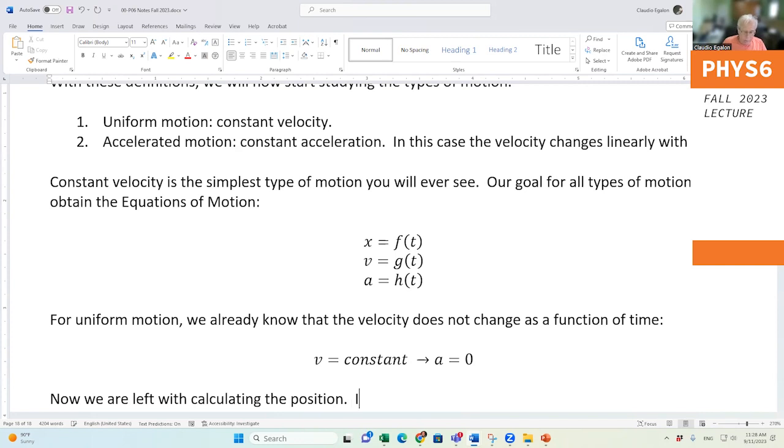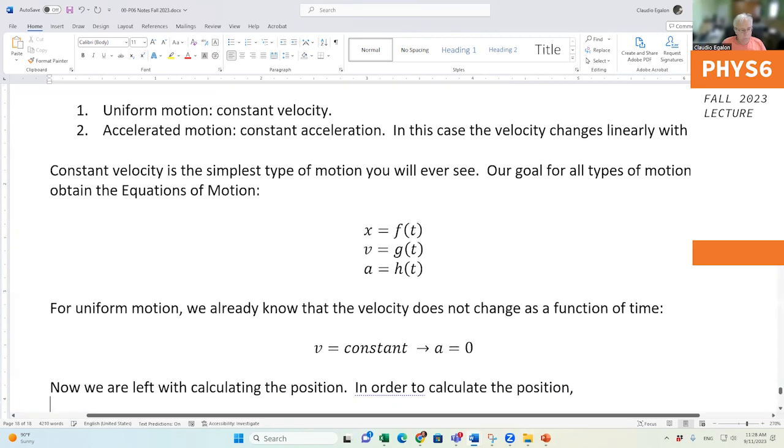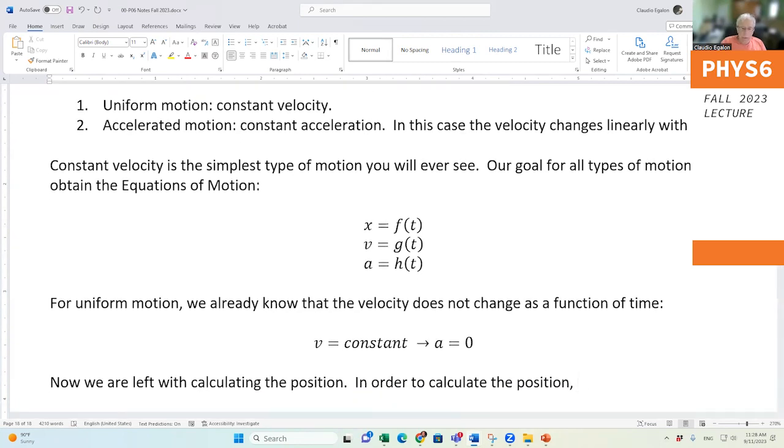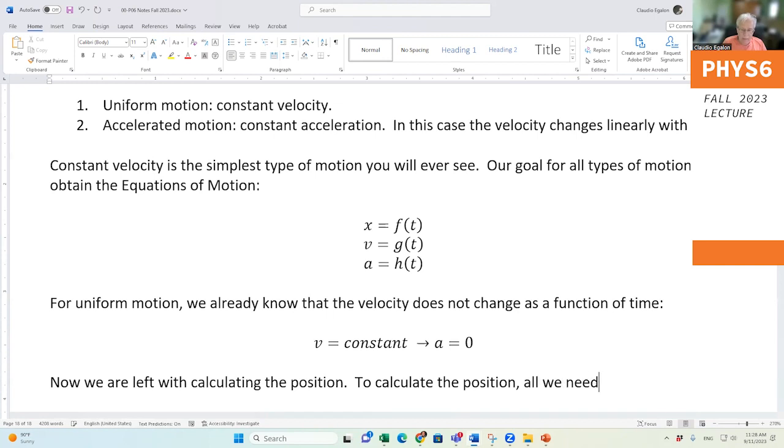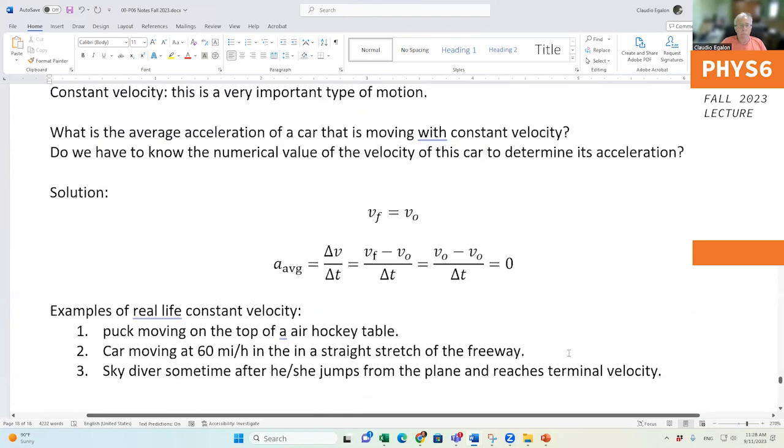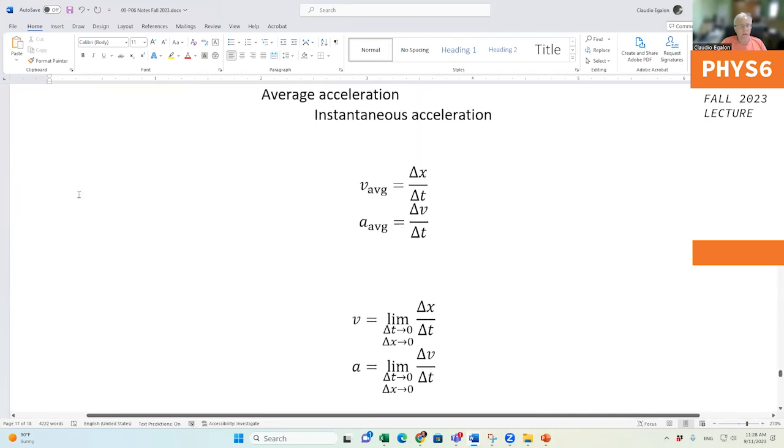In order to calculate the position, all we need is to go back to the definition of average velocity.